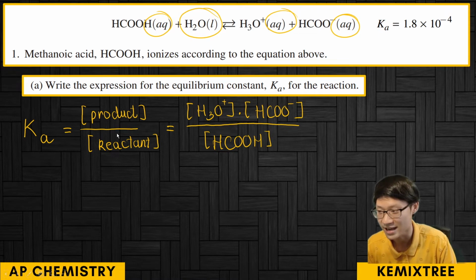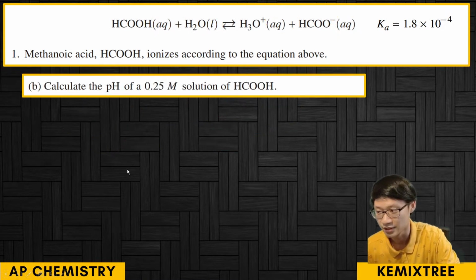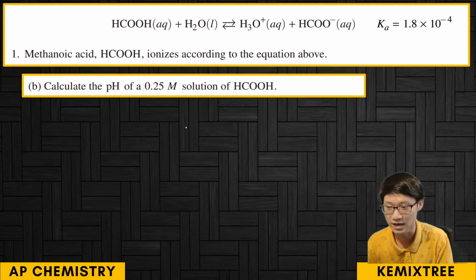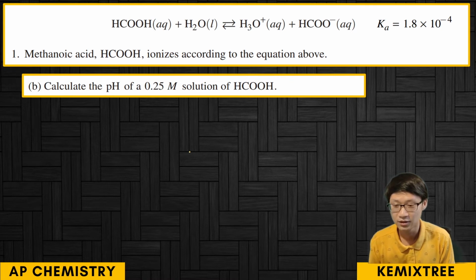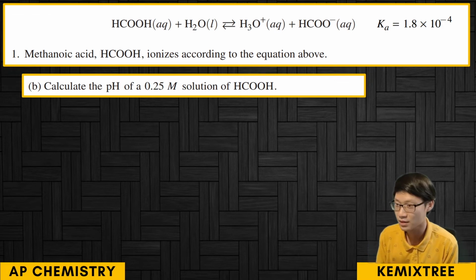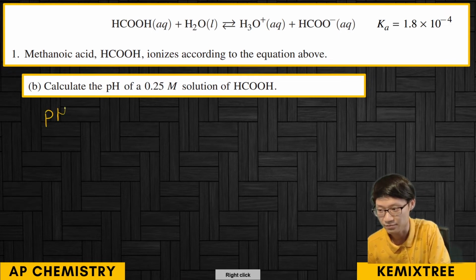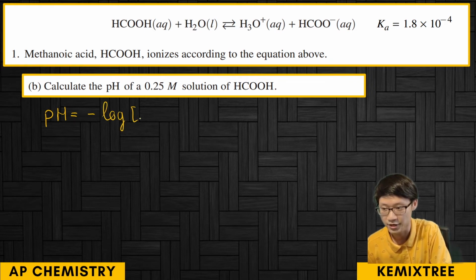Now we come to the next question: how to calculate the pH of a 0.5 molar solution of formic acid. In order to calculate the pH, we have to remember the formula: pH equals negative log of the concentration of proton.